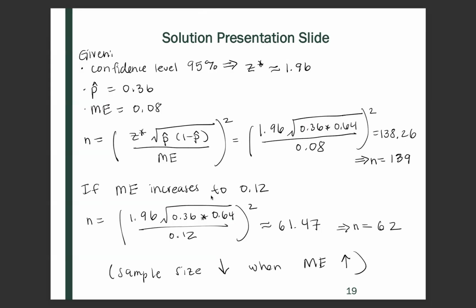Now, if the margin of error increases to 0.12, where previously it was 0.08, that means we're going to have a larger number in the denominator. So we're going to have a smaller sample size, which is going to be 62. And so the sample size decreases when the margin of error increases.